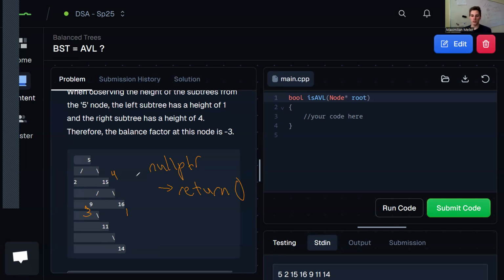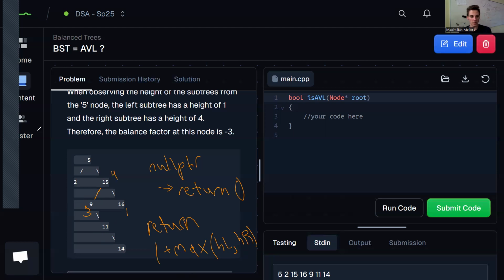Well, it's always based on the larger subtree plus the extra edge we need to get to that subtree, right? So this 1 is essentially overshadowed by this subtree of height 3. So otherwise we return 1 plus the max height of the two subtrees. So height of the left and then height of the right.